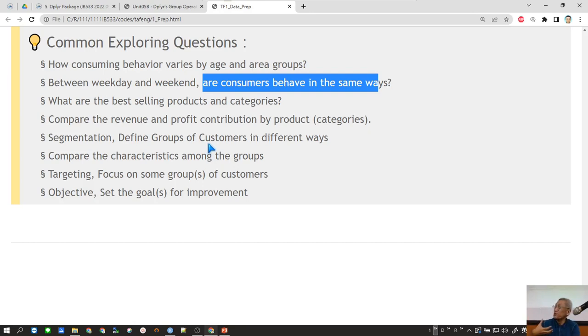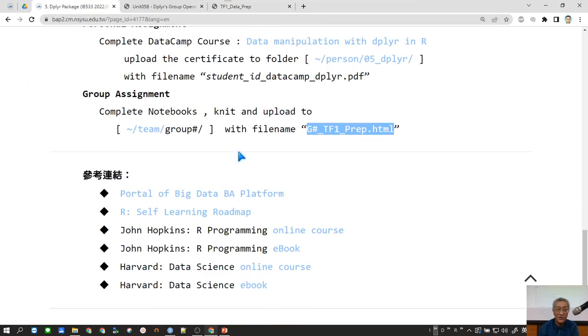As a group assignment, I want you to explore the data, right? With whatever you have, and then put it in an assignment and upload it to here. See that? That is your group assignment.